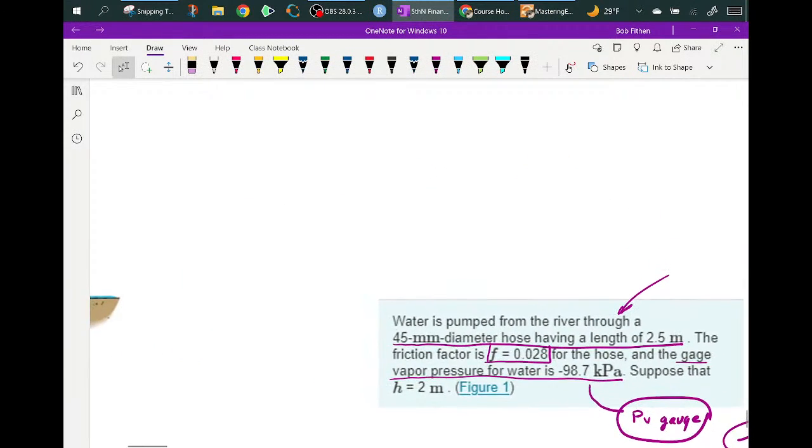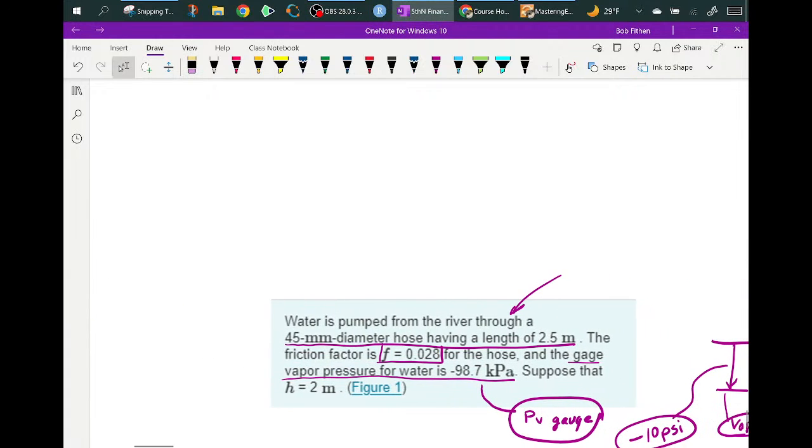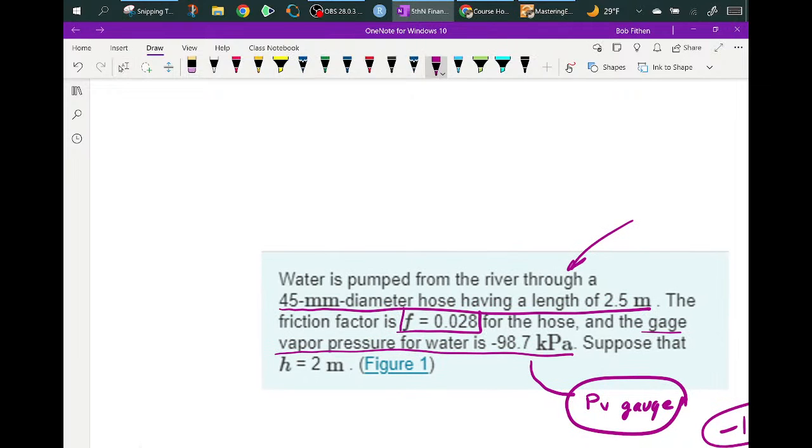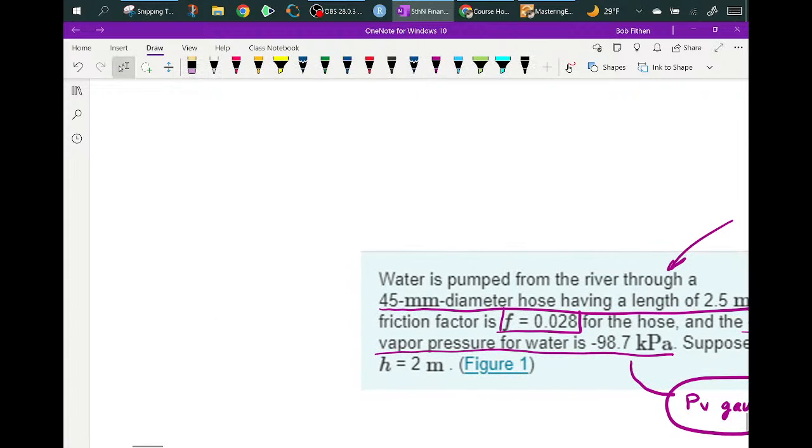So how do you do this problem? He tells you water is pumped from a river. That's the hose, that's the length, friction factor, and the gauge vapor pressure is this. Suppose that H is equal to 2. What is he asking you? Determine the maximum volumetric flow rate.